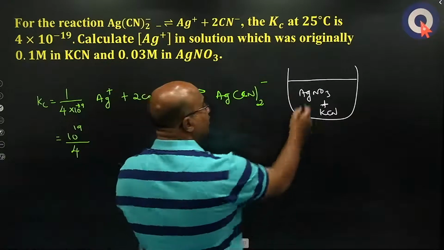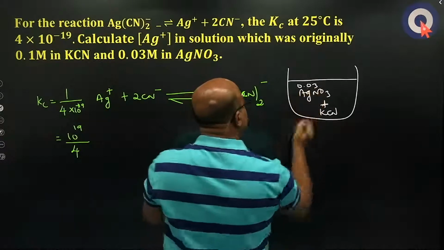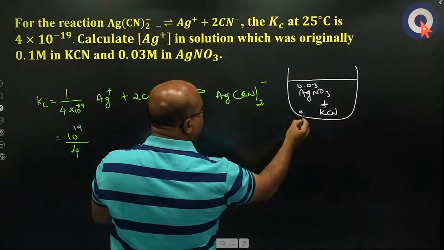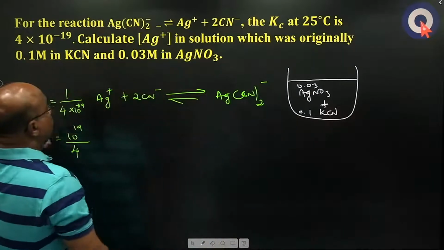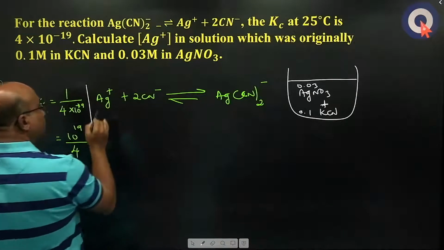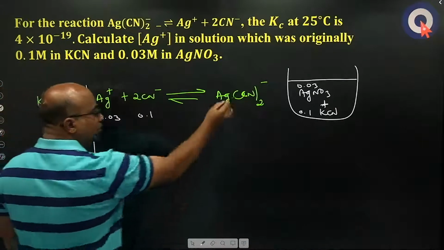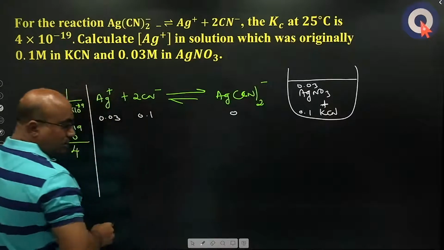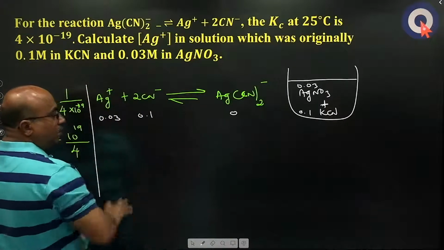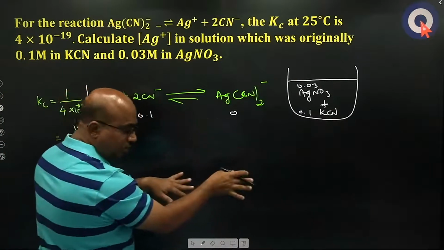How much of this have we taken? 0.03. And how much of this is there? 0.1. So we write this as 0.03. This is 0.1 initially. This was initially 0.